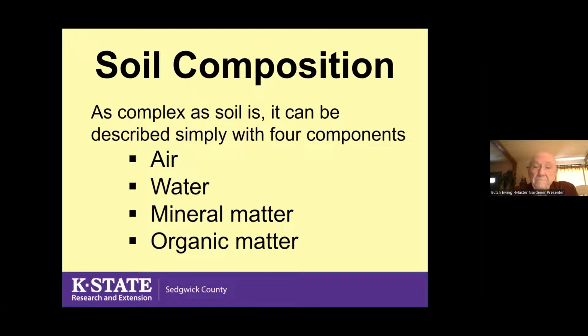So in terms of soil composition, soil is a pretty complex issue. And we can kind of describe our healthy soil using four components. That would be air, water, mineral matter, and organic matter.